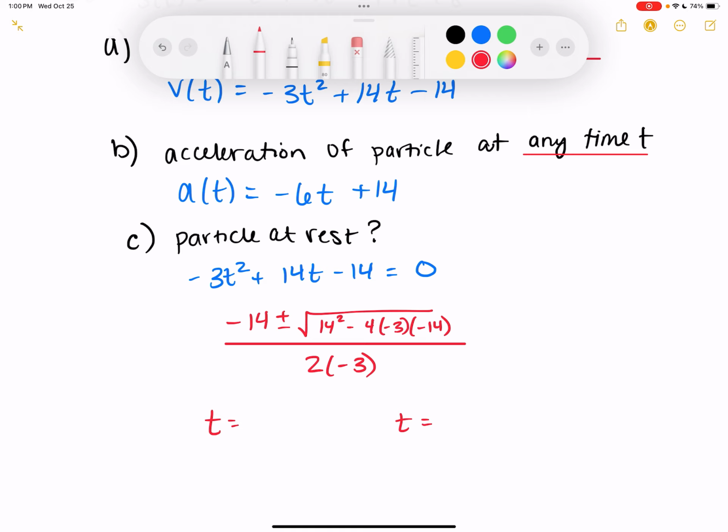Something's wrong. Make sure you pay attention to negative signs inside the radical, and all the other negative signs that are in there. Do you want us to put it in decimal form? Yeah, just one decimal place is fine.